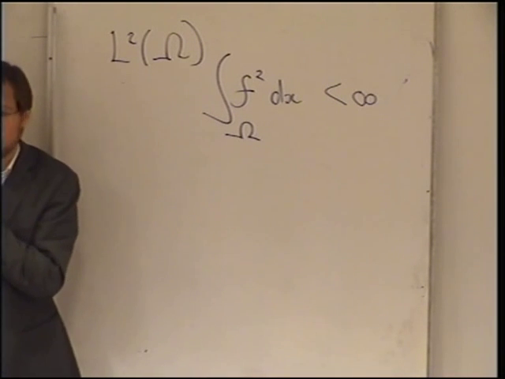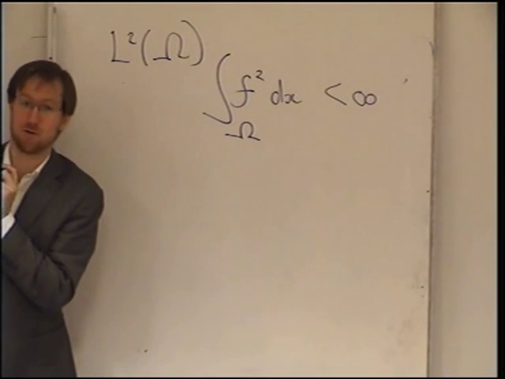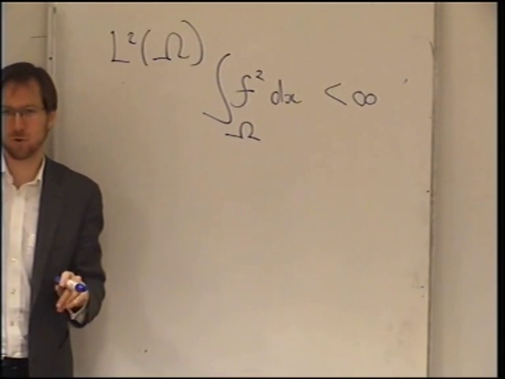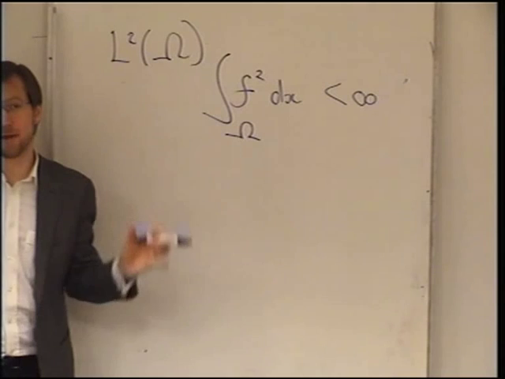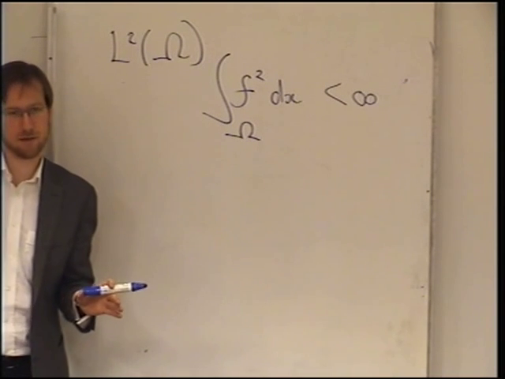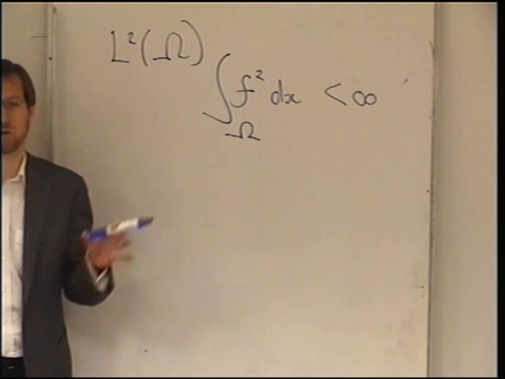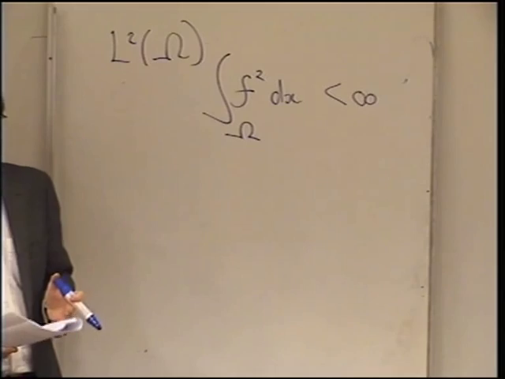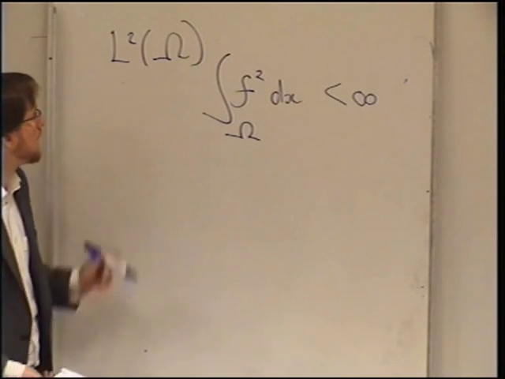That's a really easy function to integrate, and integrating its square is also really easy. So L2 is clearly too big a space for us to do many of the things we want to do. We need spaces which are smaller than that, which have some tighter properties that enable us to take the derivatives we want.